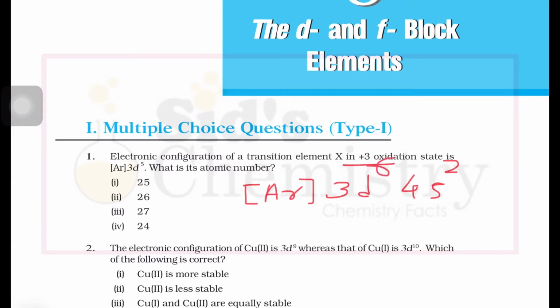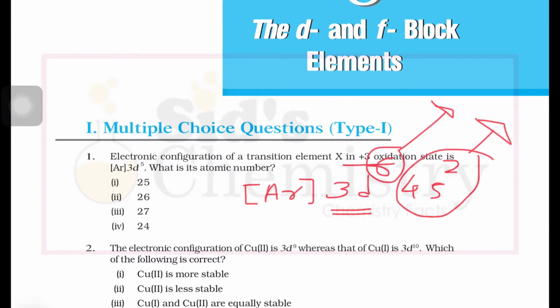If we remove 3 electrons, initially electrons will be removed from the 4s orbital. So the 2 electrons will go away and 1 electron will go away from the 3d6. So it will remain as 3d5, and such kind of electronic configuration is there. Now this 3d6 means this 6 represents the atomic number.